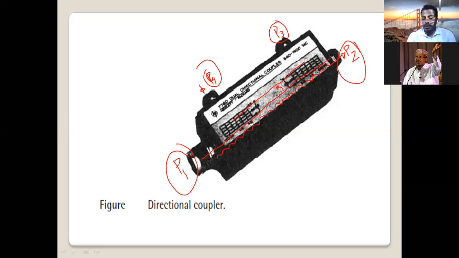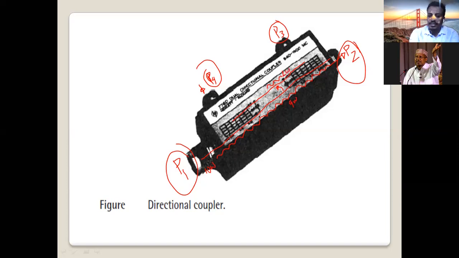Now this coupled signal, after it is coupled from transmission line 1 to transmission line 2, is here now. Small part. Maybe, as I said, if you apply 10 watt signal power as input, 9 watt will be transmitted directly. The remaining signal will be only 1 watt.